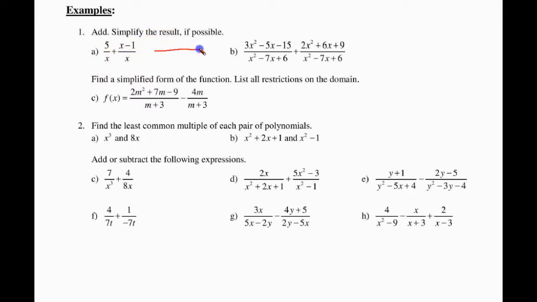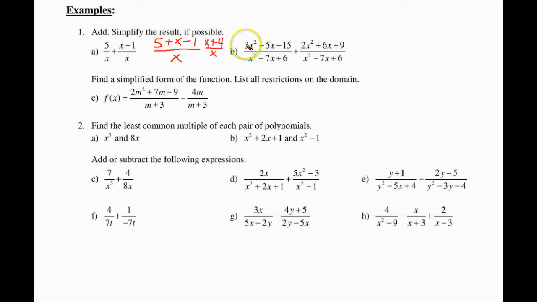So a protocol might be, well, put your common denominator, and then just put all your numerators together. Now, actually, you could probably do this step mentally. So then this will equal 5 minus 1 is going to be 4. And we have x plus 4 all over x. You probably could have done that mentally, seeing you had the same denominator.